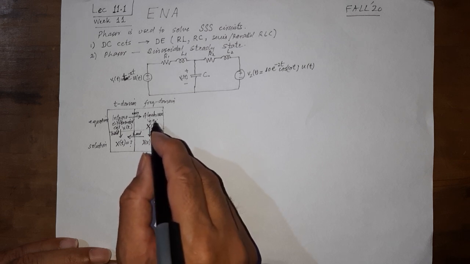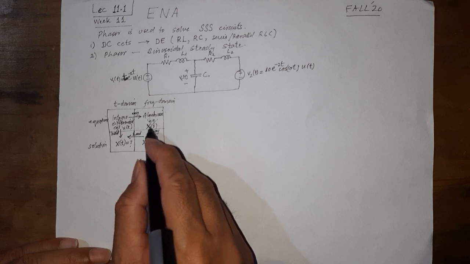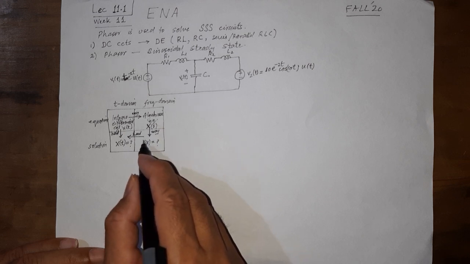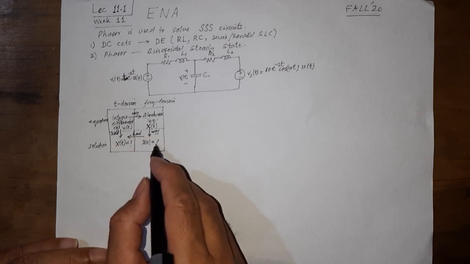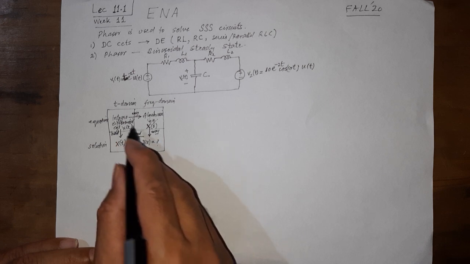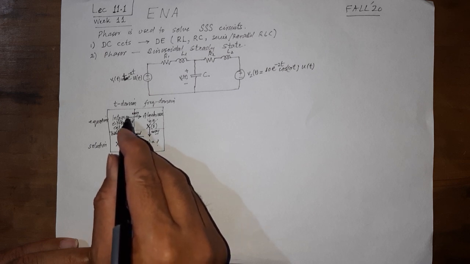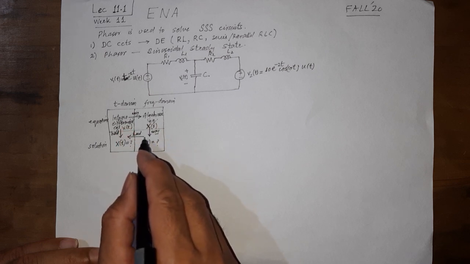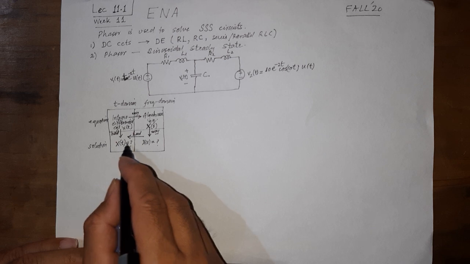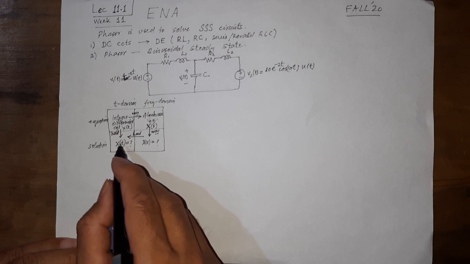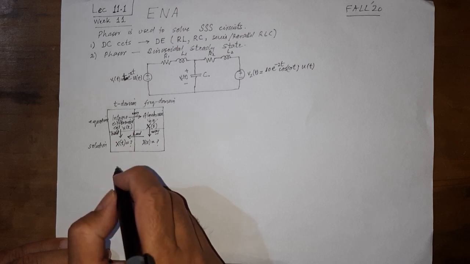Whatever domain it is, remaining in that domain, we solve and find what the new transformed equivalent of x(t) is, and then we apply the inverse process of this one, and the resultant solution in the time domain is achieved.